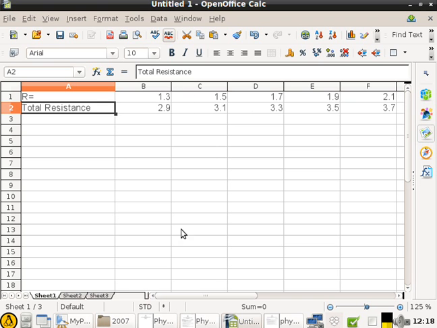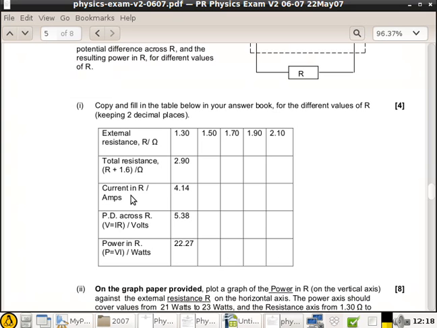Okay, the next part here is the current. So what formula gives us current? Do you know the V? Yeah, 12. Do you know the R now? Yeah, that was what you just worked out. So we want the current now.